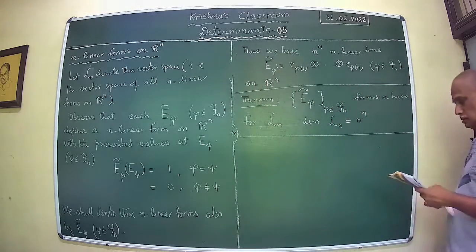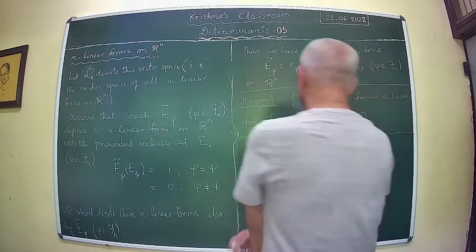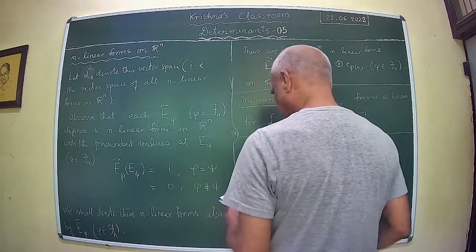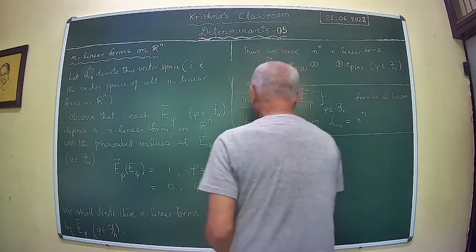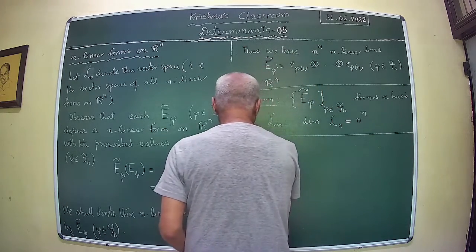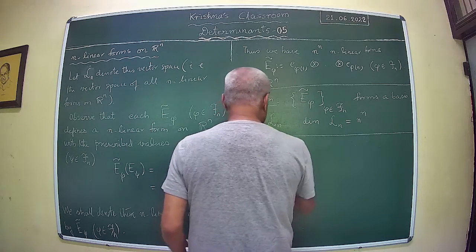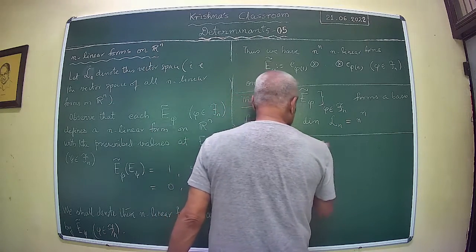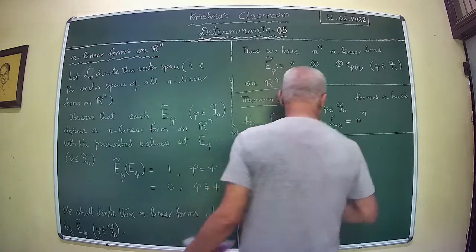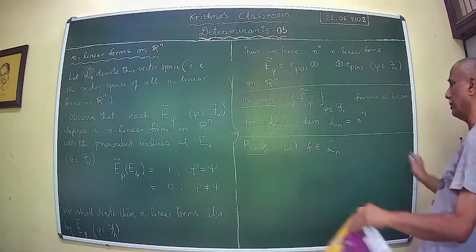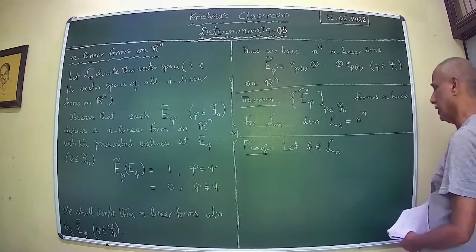Okay. So let us have, so given f, okay, now we want to write this as a linear combination of this, okay.